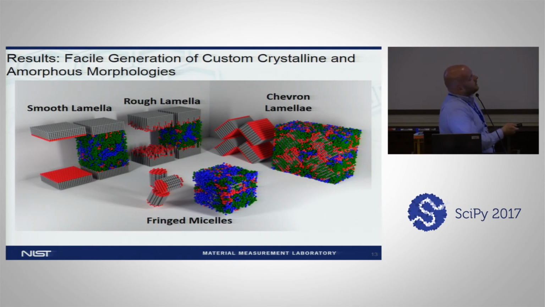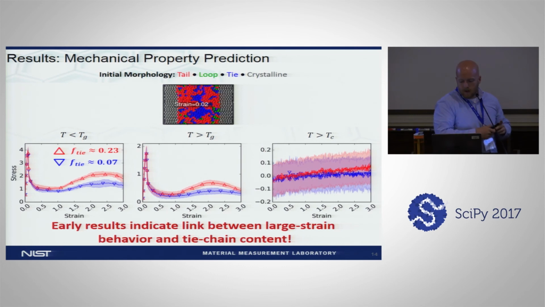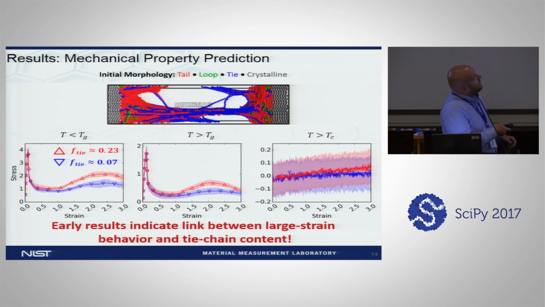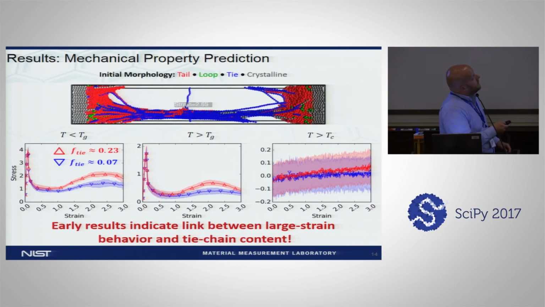The thing I'm not showing here is that I can pretty tightly tune the degree of red, green, and blue monomers within the amorphous region, which tunes the degree of ties, loops, and tails, which was an important feature of this code base. I won't harp on this because I'm running out of time, but essentially we've been able to take these configurations and plug them into molecular dynamics simulations and pull on them, measuring their stress-strain properties as they deform.